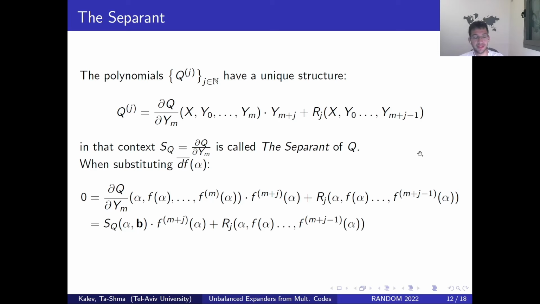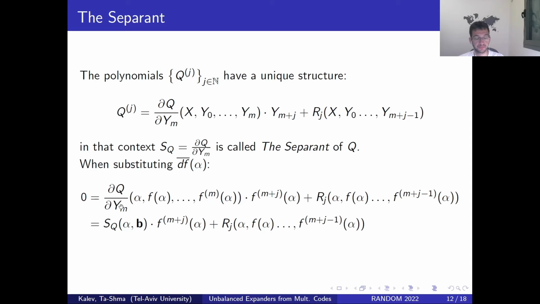Let's substitute into this qj and into this structure df hat with alpha. And note that on the one hand, because f is a solution to the differential equation q, we get 0.